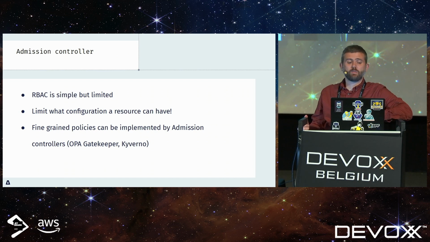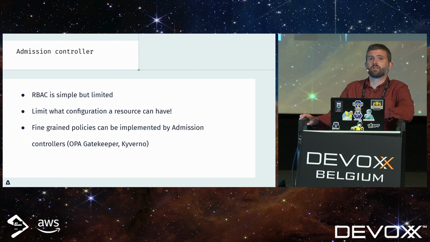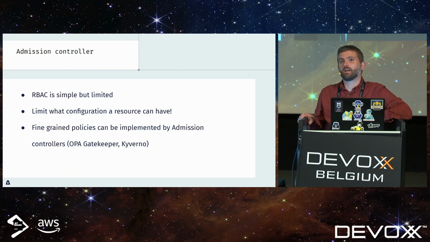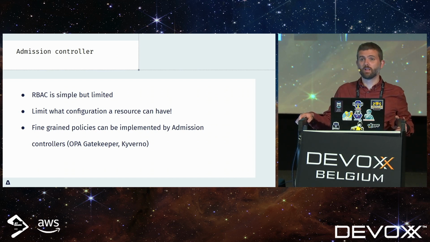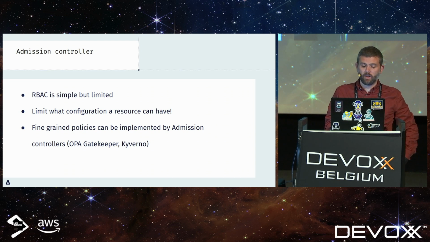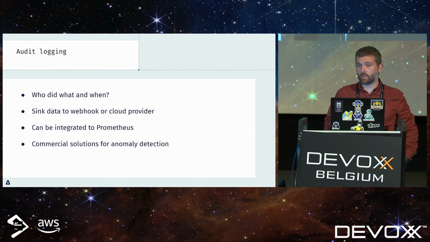Therefore, admission controller is an API through which you can extend authorization and access control of the Kubernetes cluster way deeper into Kubernetes objects when they are being accepted to the cluster. There are two examples, OPA Gatekeeper and Kyverno, two open source projects which give you out-of-the-box solutions for creating policies on the API server.